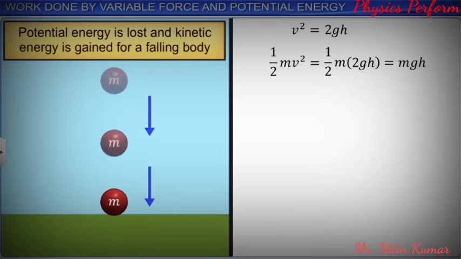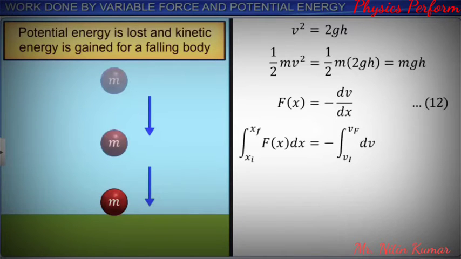Mathematically, the potential energy V(x) is defined for any force F(x), which can be written as F(x) = -dV/dx, shown by expression 12. Integrating on both sides of the expression within the limits of initial position xi and final position xf, and on simplifying, we get minus of (Vf - Vi).